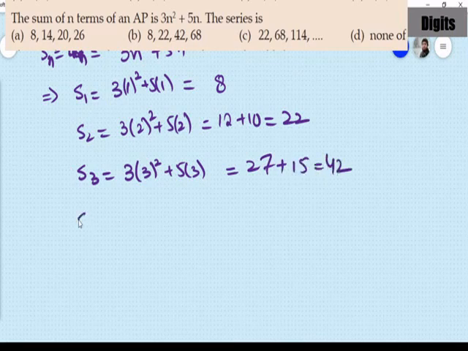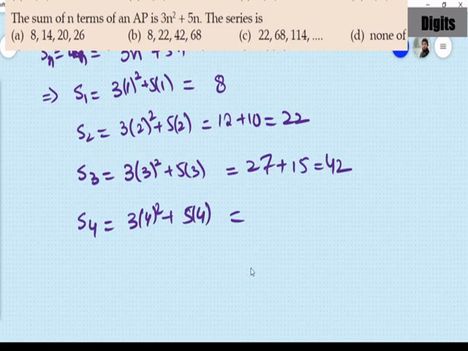Then we have S4, which is equal to 3 into 4 square plus 5 into 4, which is equal to 68. Therefore option B is the correct option.